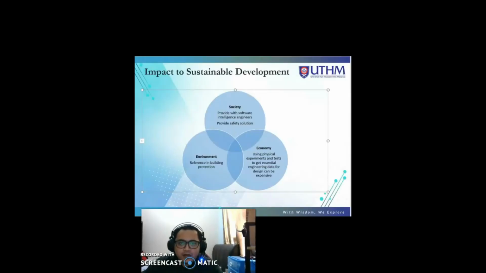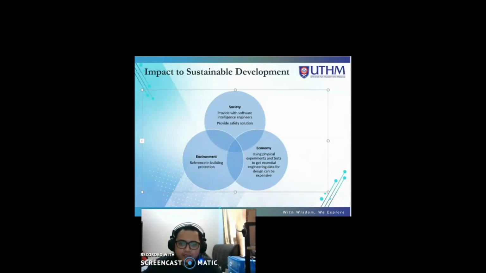Next is how this project impacts sustainable development. I have divided it into three: society, environment and economy. For society, it provides society with software-literate engineers who have knowledge about this software, and we can provide a safety solution to society and the building users.